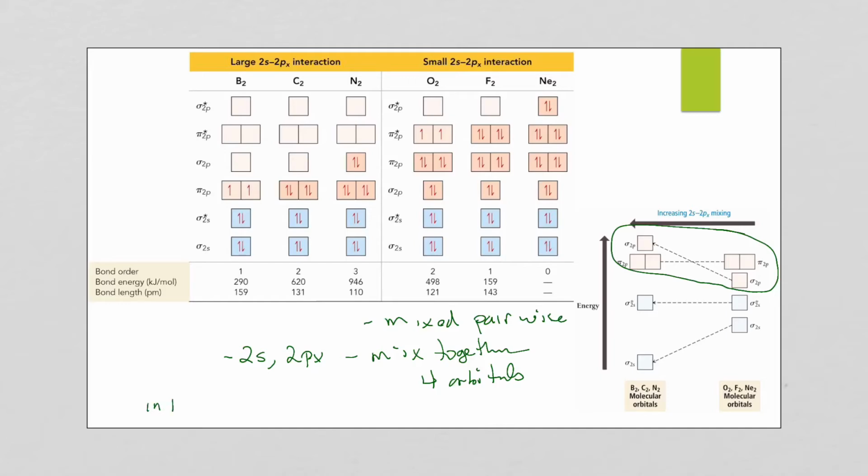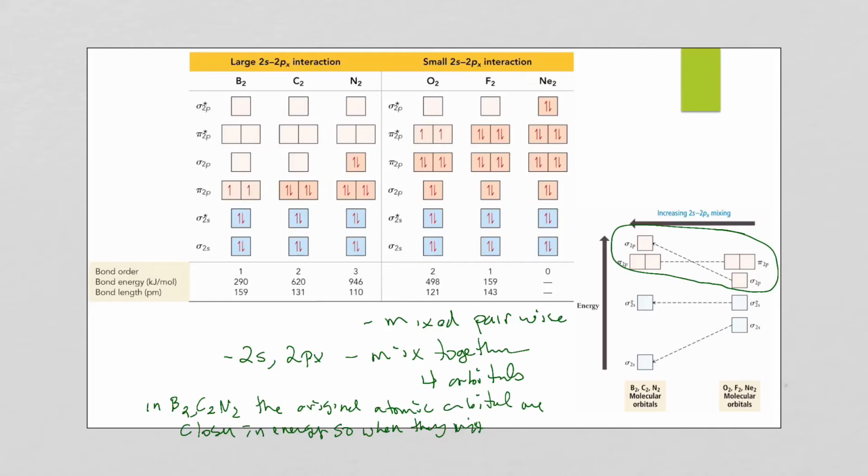In B2, C2, and N2, the original atomic orbitals are closer in energy, so when they mix, it's easier for them to all mix together.